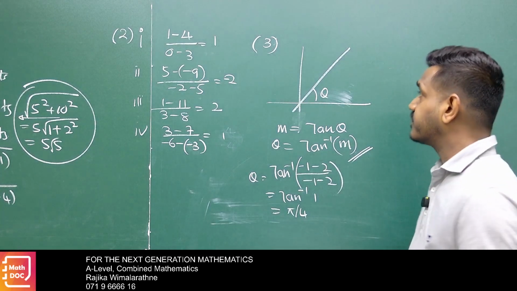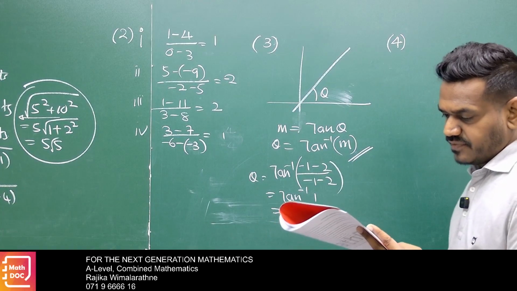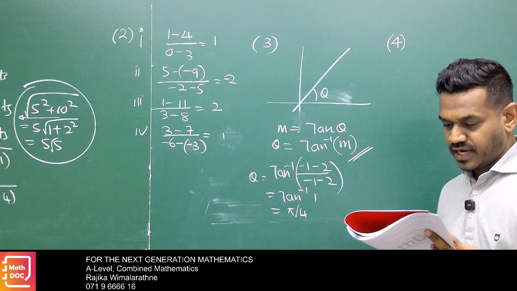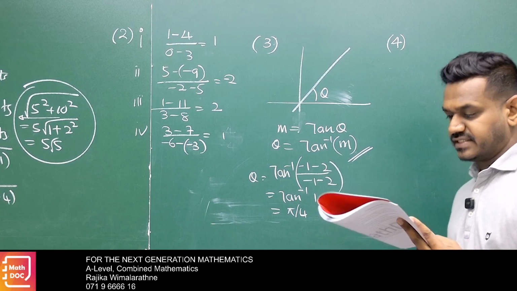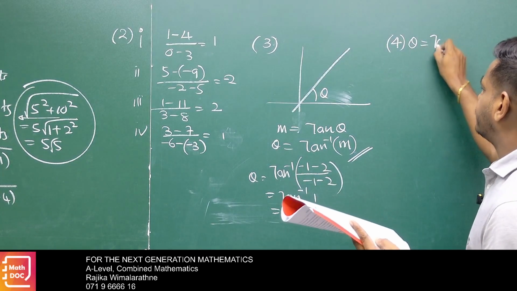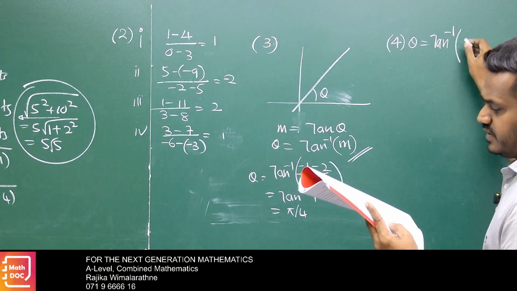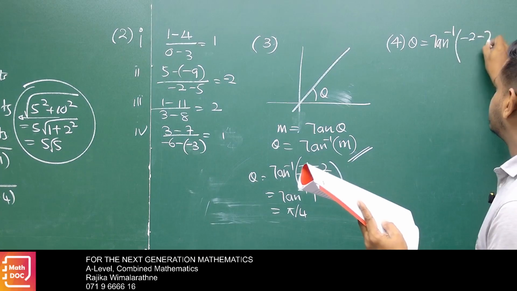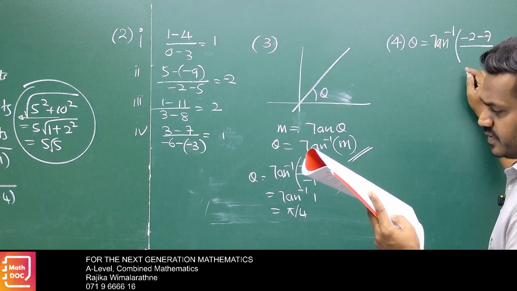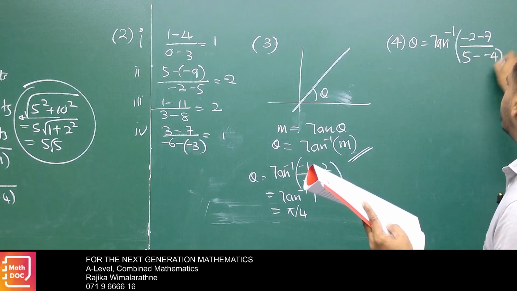Continue. Question number 4. Find the angle made by the line joining the two pairs of points with the positive direction of the x-axis. Then you say theta equals tan inverse m. m means minus 2 minus 7 over 5 minus 4.